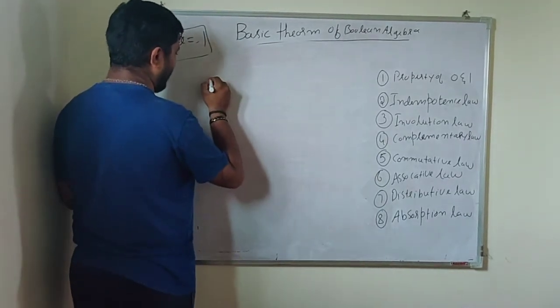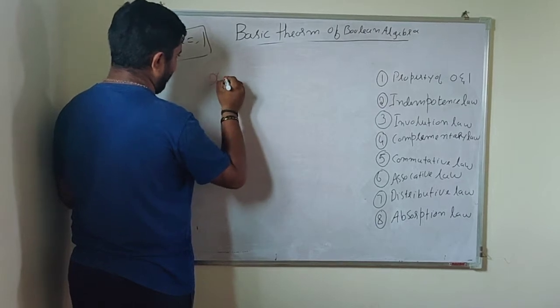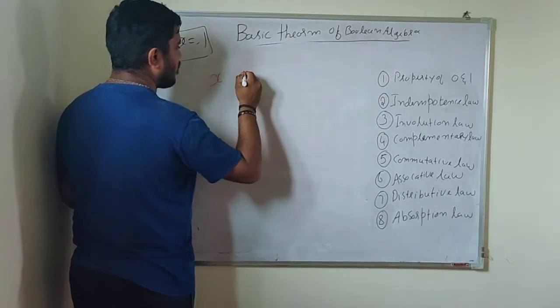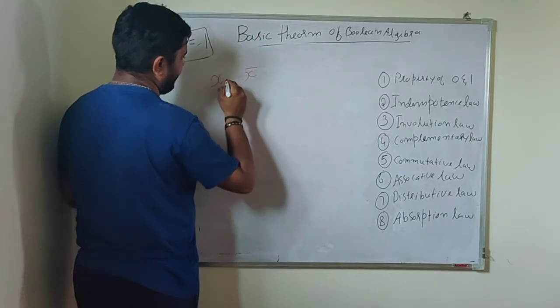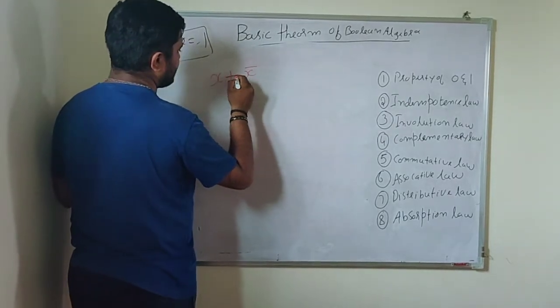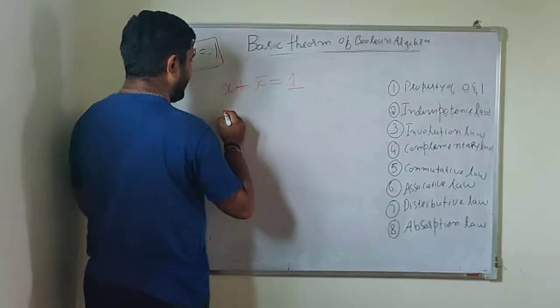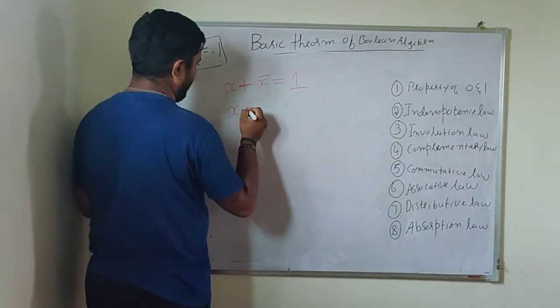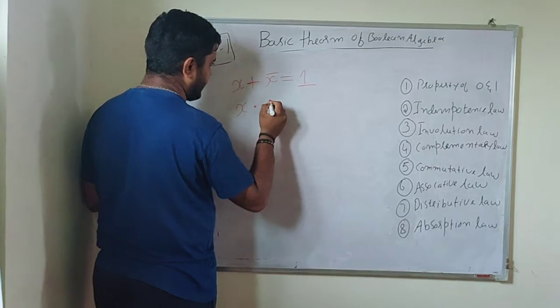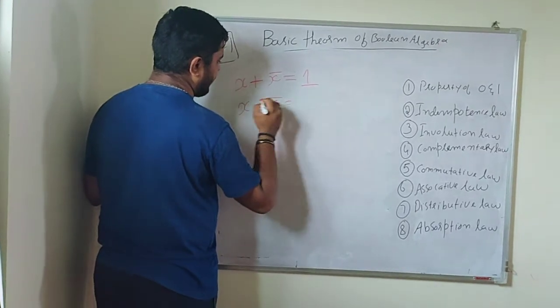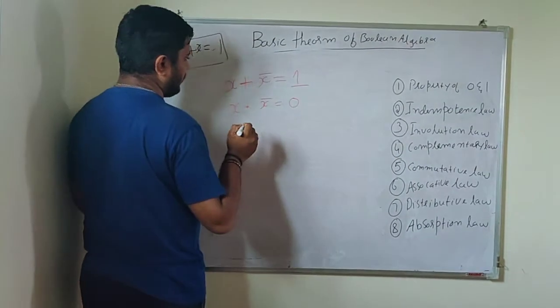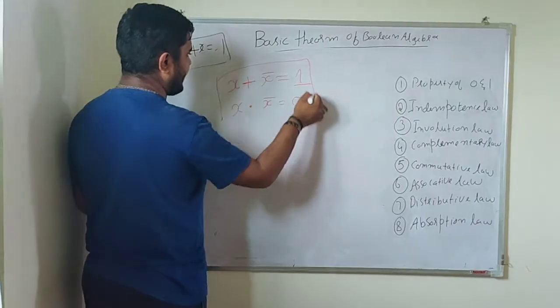Means if x is a variable and it is inverted and combined with addition, the OR gate symbol, then you will get the output as 1. If x is a variable and you combine it with its complement using an AND gate, then you will get 0. This is the complementary law.